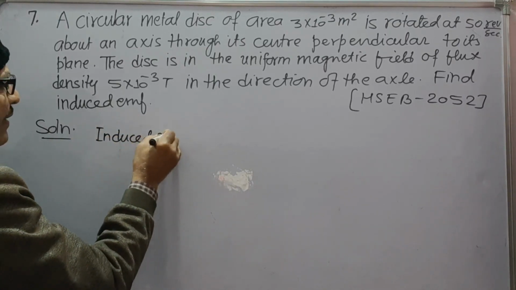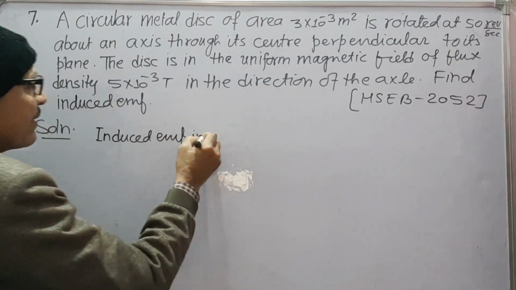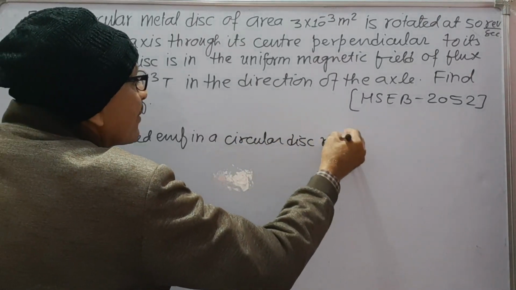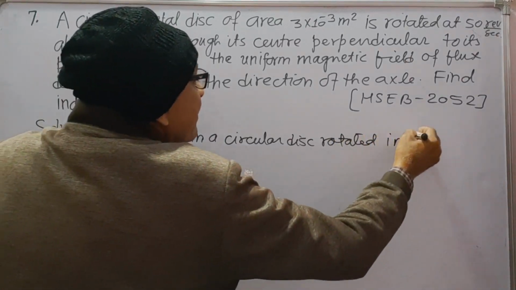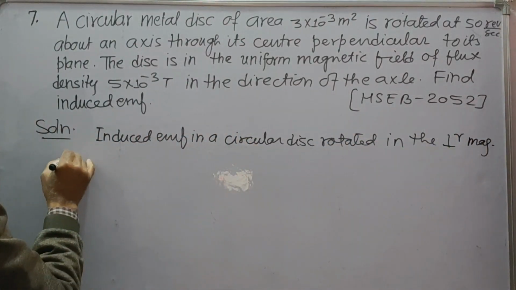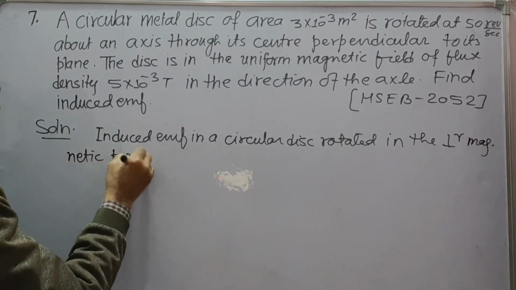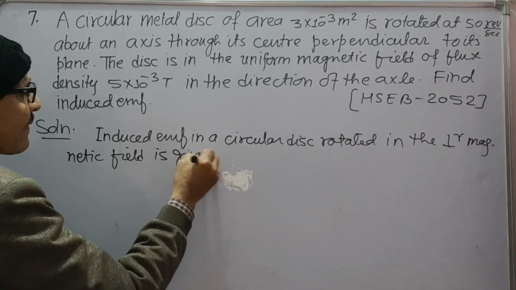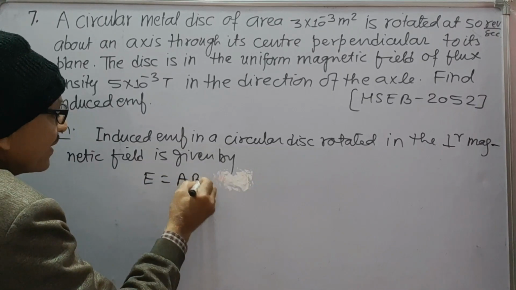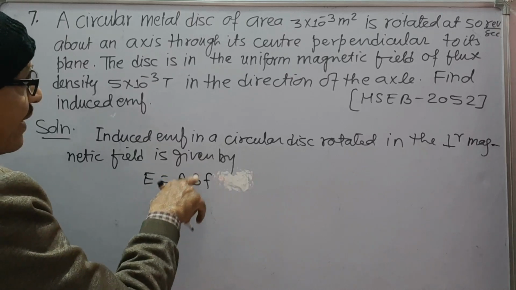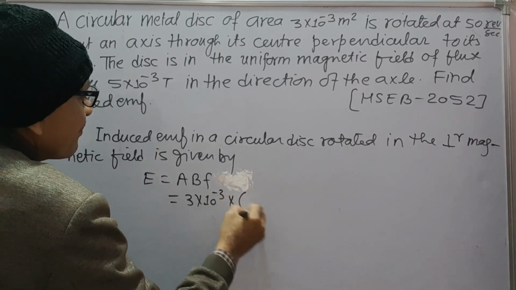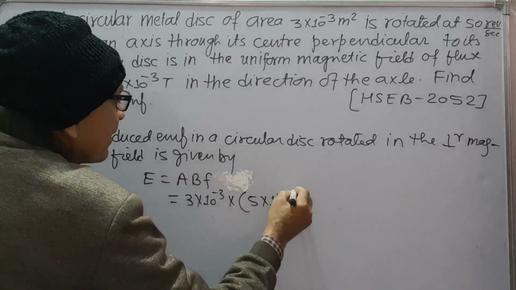Induced EMF in a circular disc rotated in the perpendicular magnetic field is given by E is equal to A B into F. Here A is 3 into 10 to minus 3, B is 5 into 10 to minus 5, and F is 50.